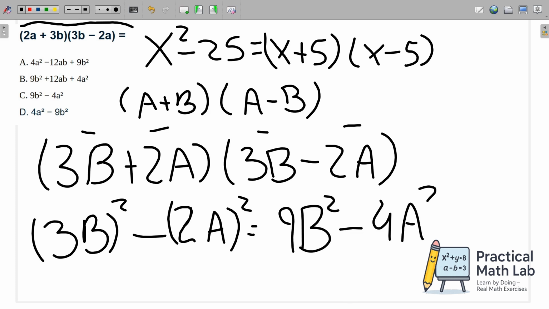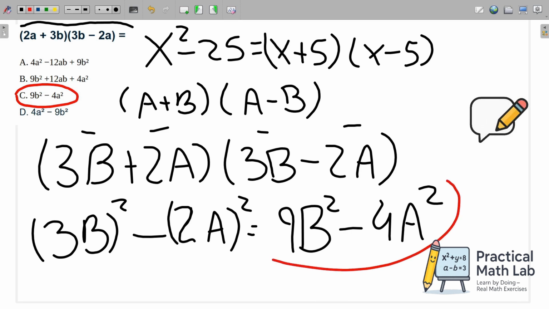So, the correct answer here, using the difference of squares as well, we arrive at the same result: 9b squared minus 4a squared.